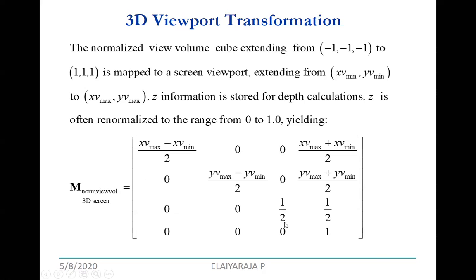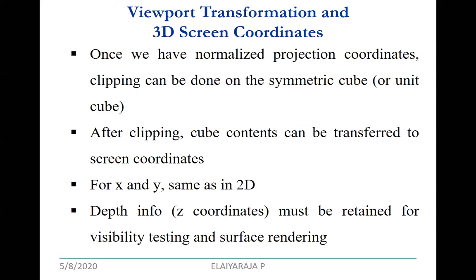Okay, so this is your matrix representation. As I told you, we are going to see example problems for perspective as well as parallel projections, along with example problems for the viewport transformations also.